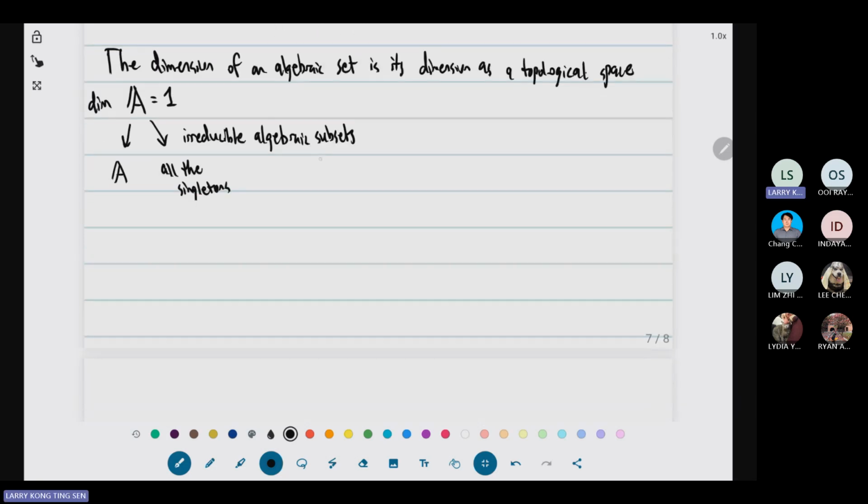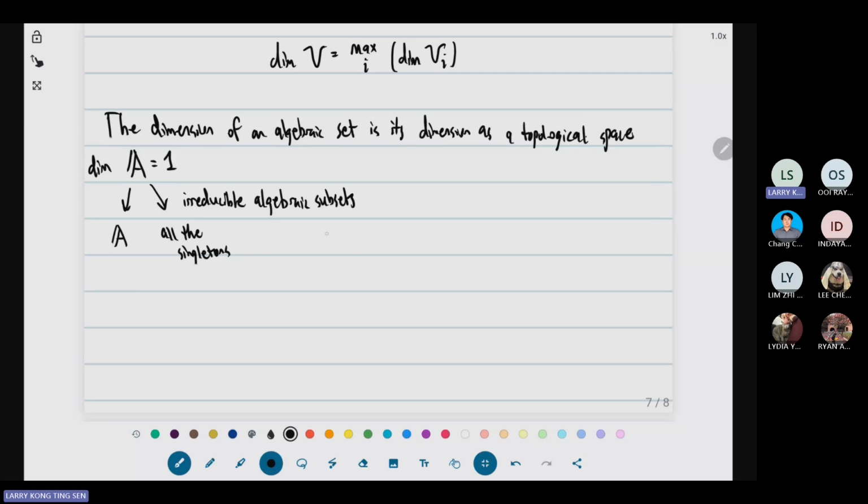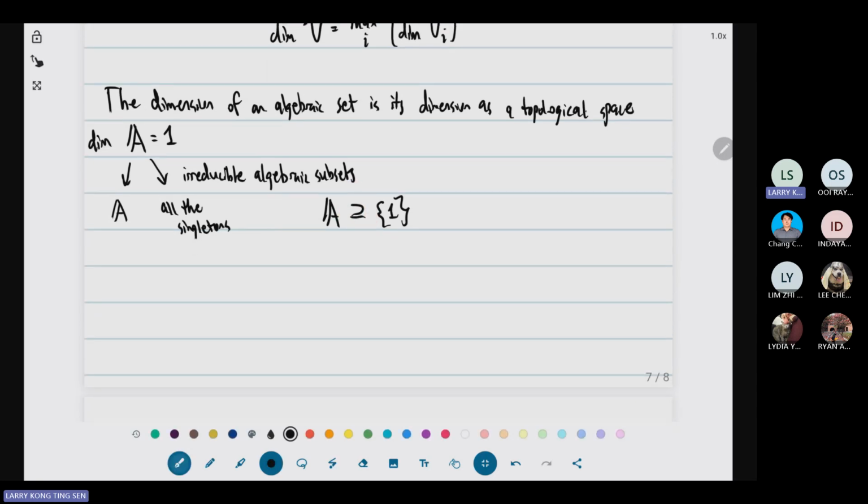Because of that, no matter how you try, the longest chain we can possibly have is just A itself and then perhaps a singleton, say one, or basically any singleton. So there's just one proper inclusion, and because of that, the dimension of A is basically just 1.